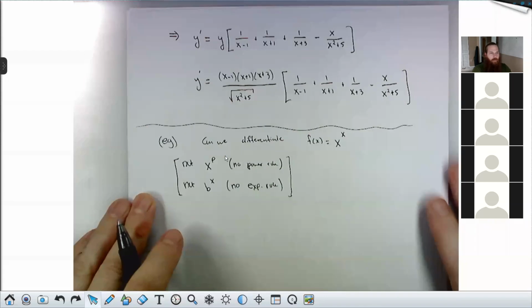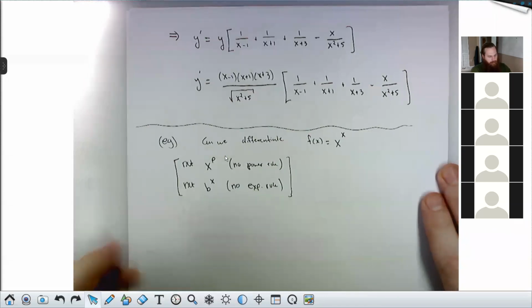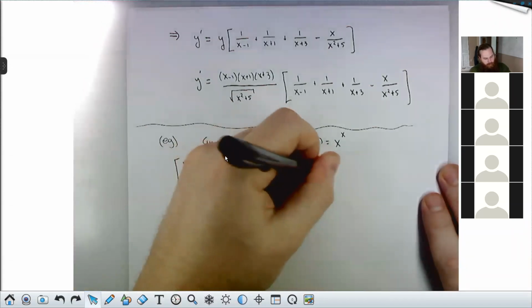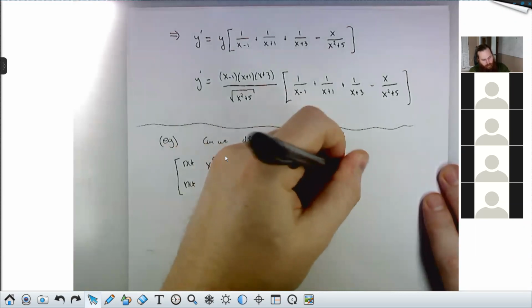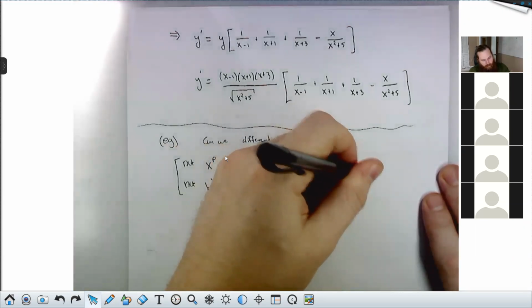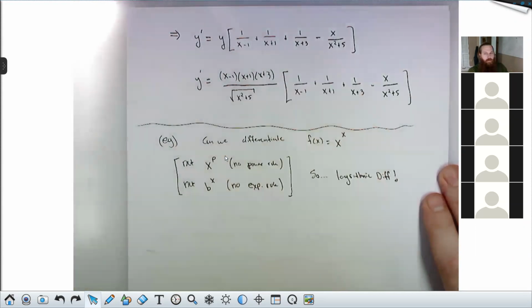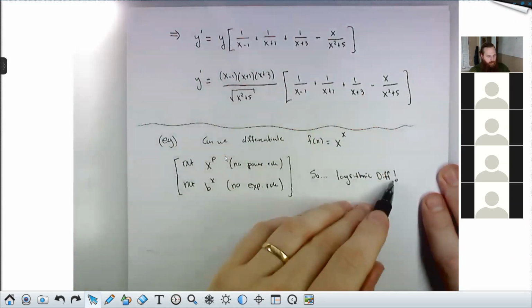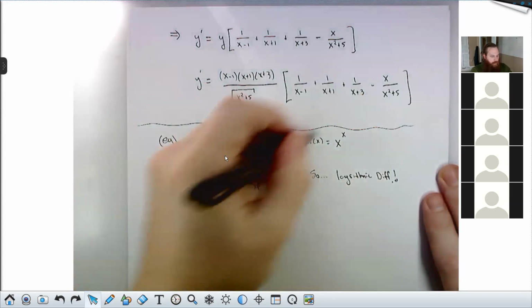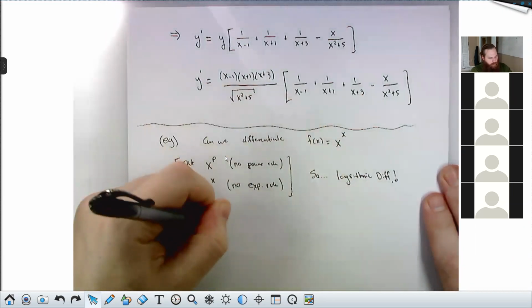But we can use logarithmic differentiation. So we're going to use logarithmic differentiation. That's the game. I take the natural log of both sides.